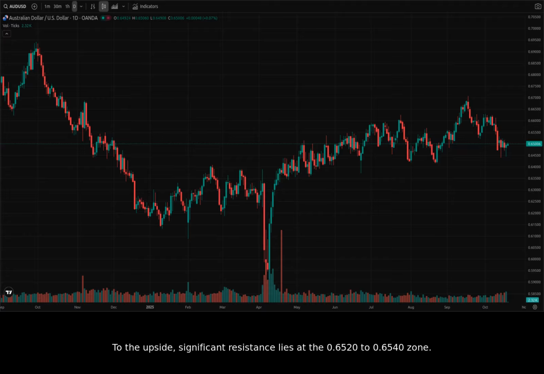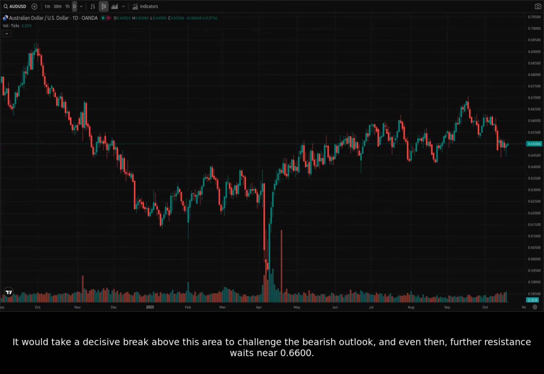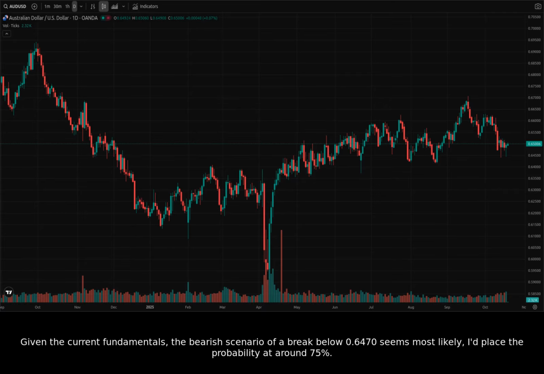It would take a decisive break above this area to challenge the bearish outlook, and even then, further resistance waits near 0.6600. Given the current fundamentals, the bearish scenario of a break below 0.6470 seems most likely. I'd place the probability at around 75%.